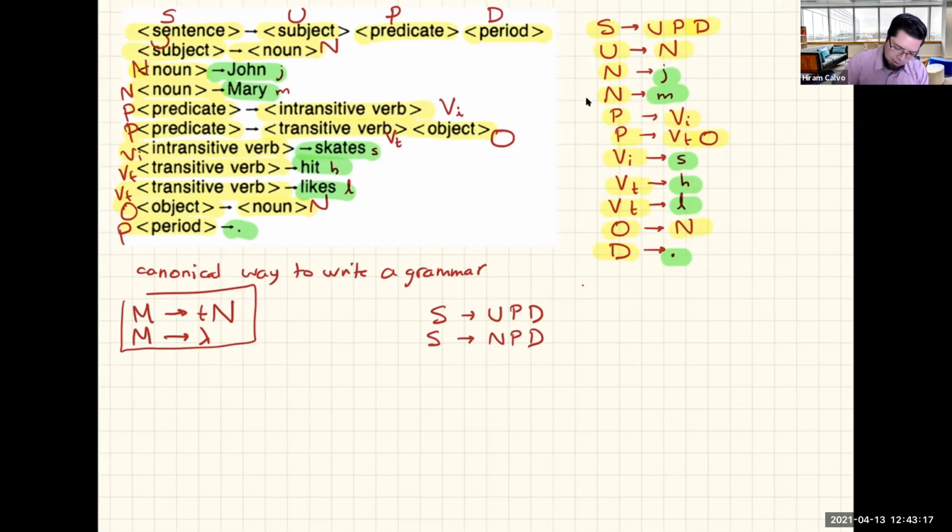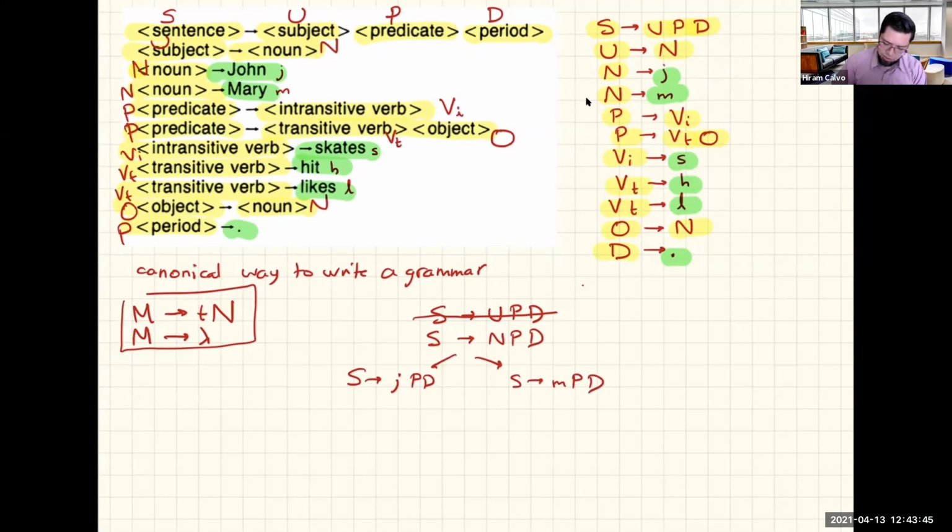We can erase the old one because we have rewritten it. We see that this N can be rewritten as J or M. So we have SJPD or SMPD. So we are a bit closer to this format.